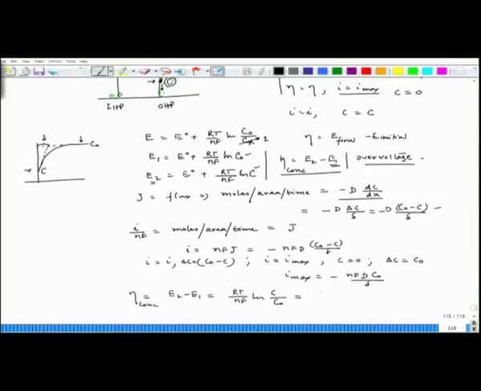So, this I can write in terms of 2.303 RT by nF log of C minus C 0 plus 1, and if I take R to be 8.314, T equal to 25 degrees Celsius, that means 298 Kelvin, and F equal to 96500 coulombs, then I can get 0.059 by n log of 1 minus (C 0 minus C) by C 0.